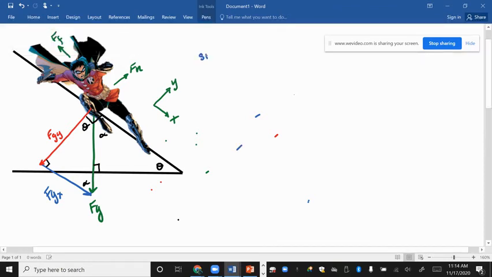So sine of theta is equal to opposite over hypotenuse. The opposite is Fg of x, and the hypotenuse is the force of gravity itself. So if I rearrange this, I get Fg sine theta equals Fg of x.